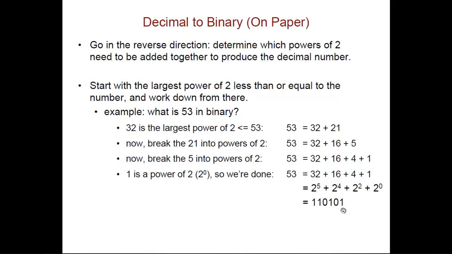You can see we have a 1 for bit 0, for bit 2, for bit 4, and bit 5. And then we have to put zeros for bit 3 and bit 1 because their powers of 2 are not included. And so these 6 bits are the binary representation of the decimal integer 53.